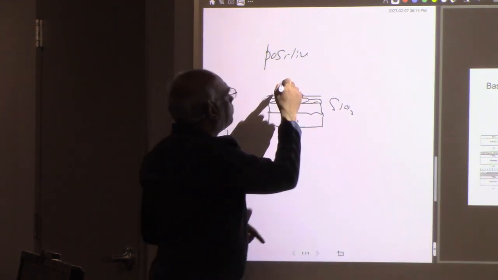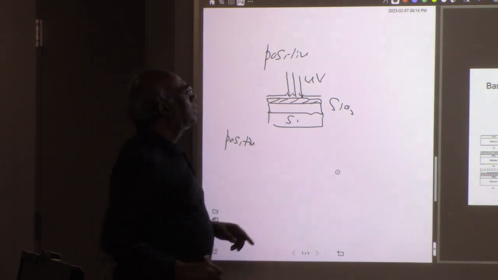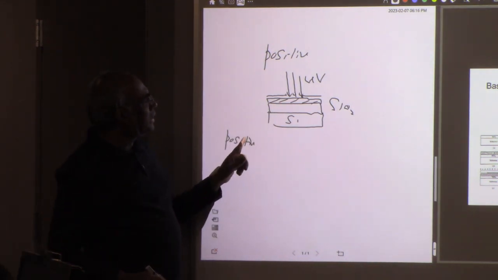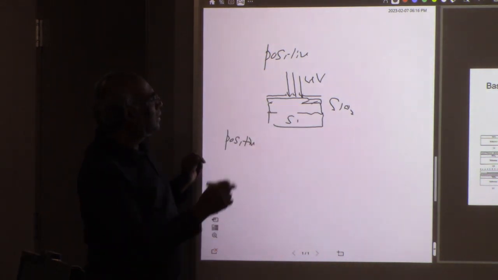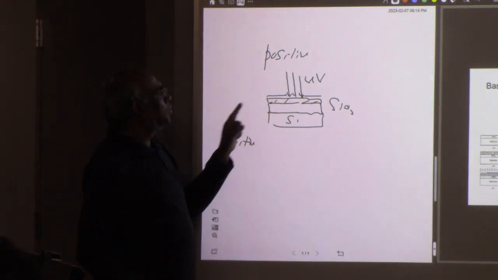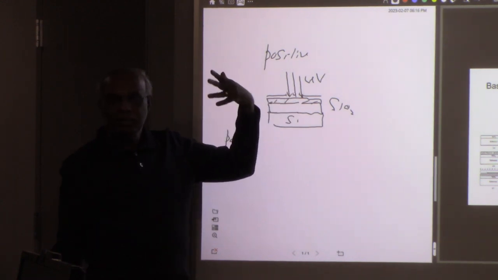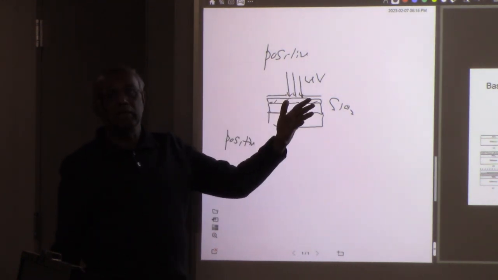Now if I expose to UV light, if it's a positive photoresist, this exposed area will become weaker.